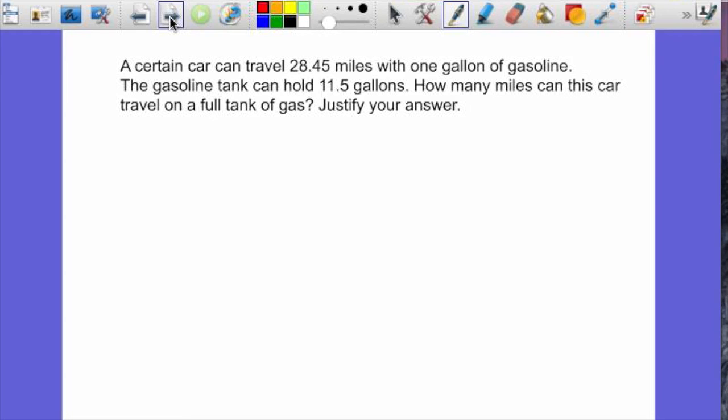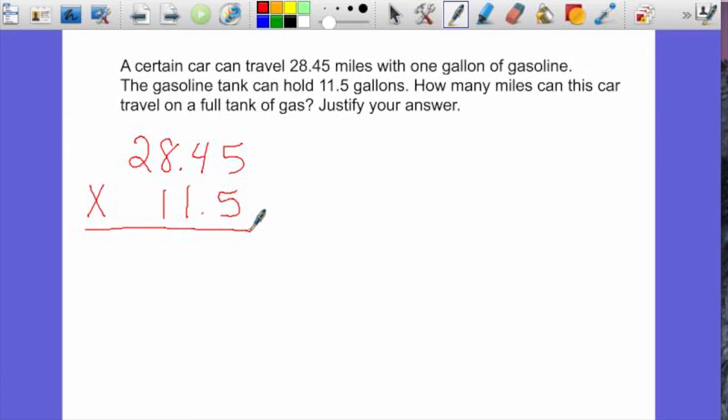So looking at this problem, I'm going to go ahead and multiply 28 4/45 times 11.5 gallons. And why did I choose to do this? Well, it's because I'm reading. I know that every 1 gallon has that many miles.